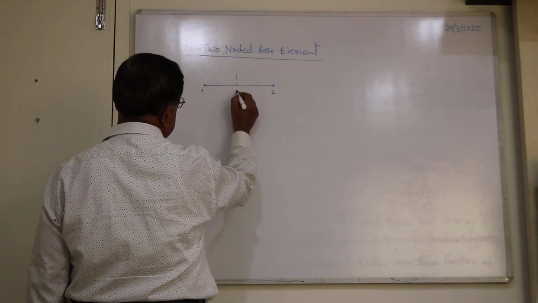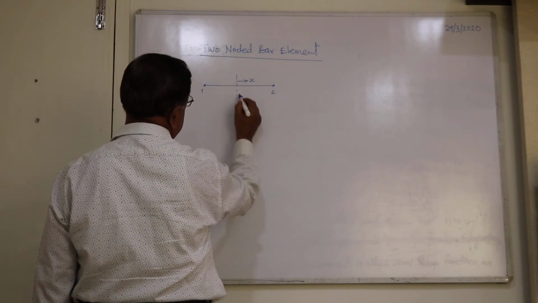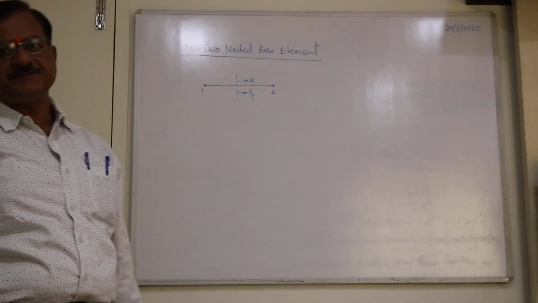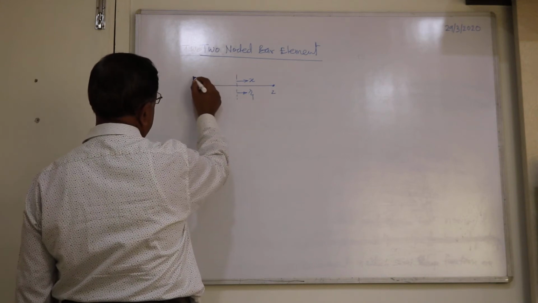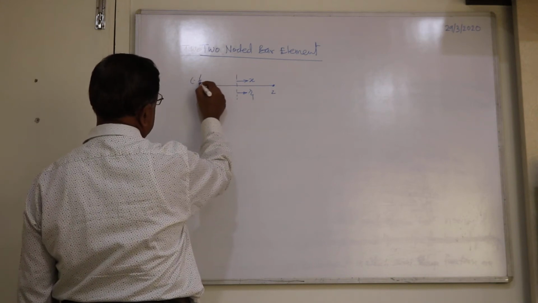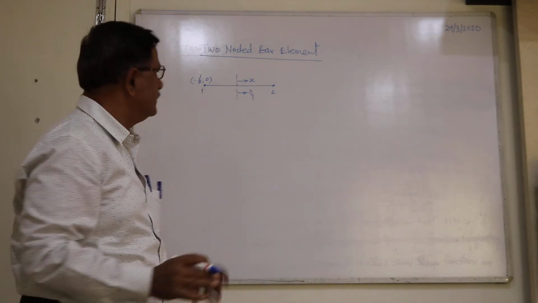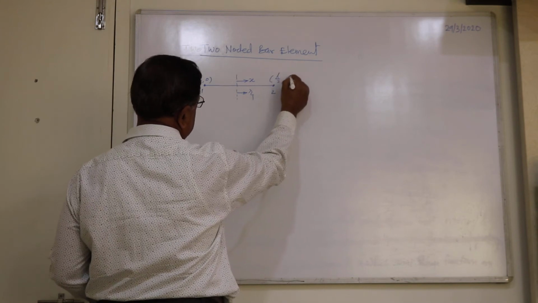Let's consider this origin. This is the Cartesian coordinate and natural coordinate. So the Cartesian coordinates: consider the element of length L, so minus L by 2, 0 and plus L by 2, 0.